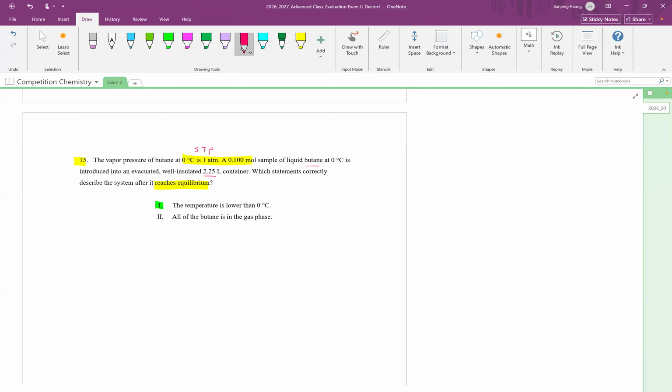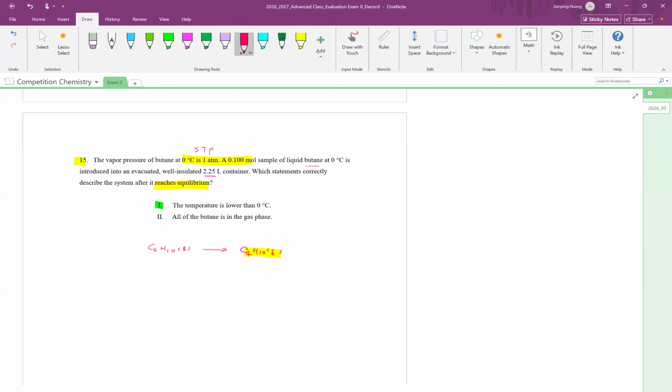Now, how can you do this question? Step one, there are many ways to do that. If I were you, this is what I did. I'm assuming butane, C4H10, is not at equilibrium, or becomes vapor.